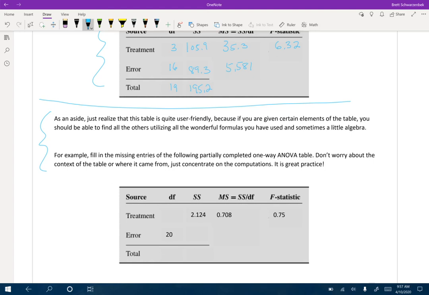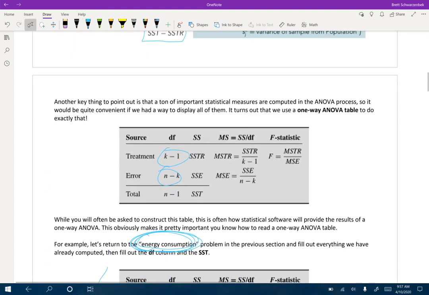So what does that mean? If you look at our ANOVA table right here, it's all just formulas, which means if I gave you different values in here, like if I gave you this one and this one, you should be able to take that and find the rest of them using all of these very simple mini formulas that are here.